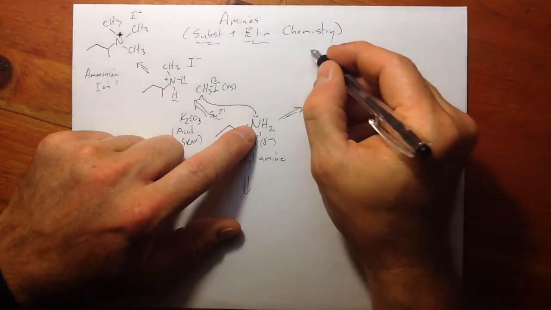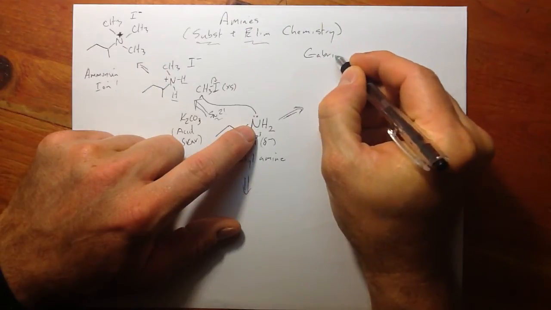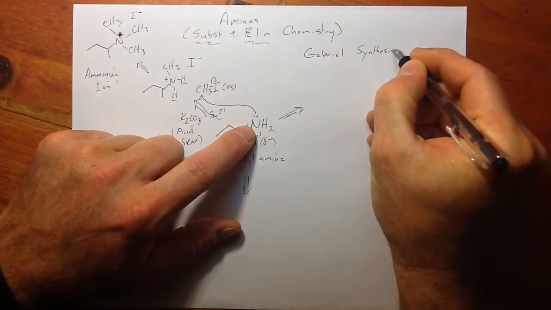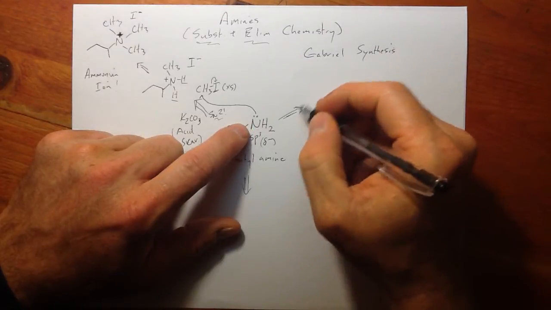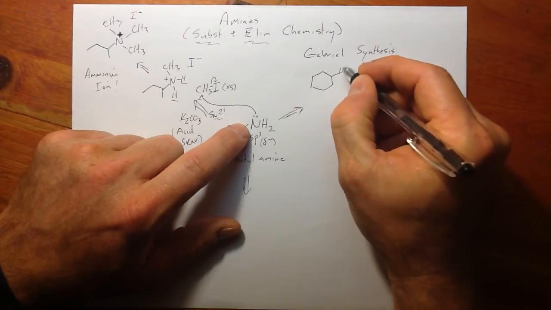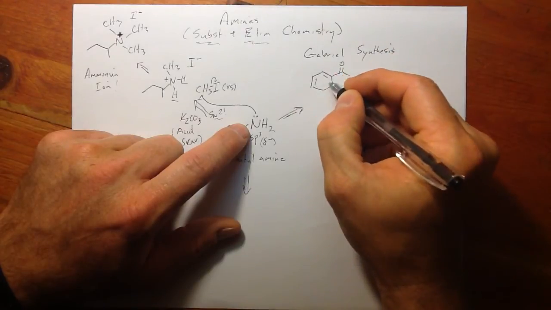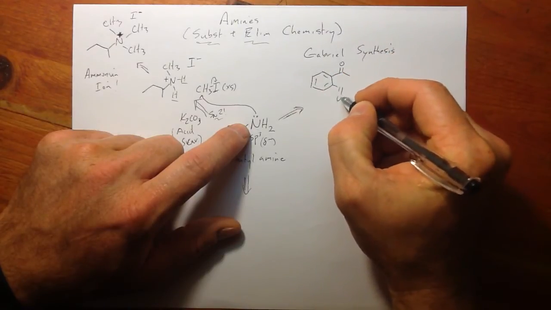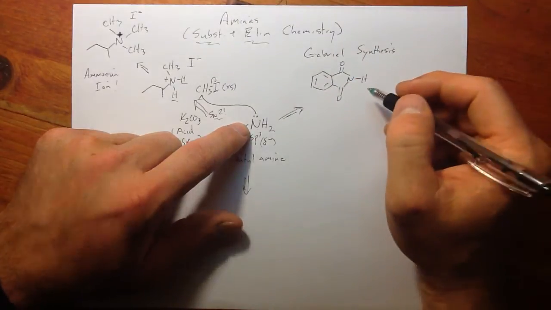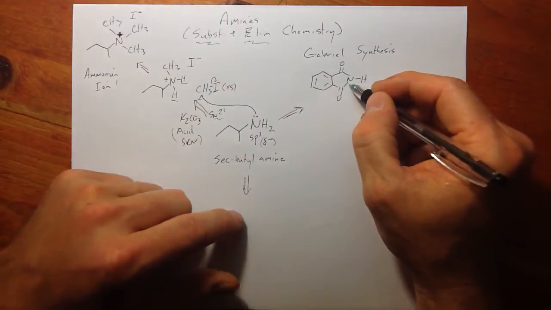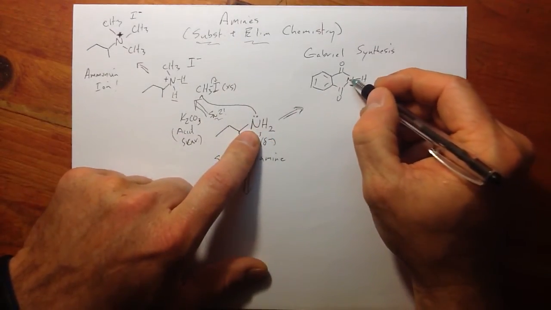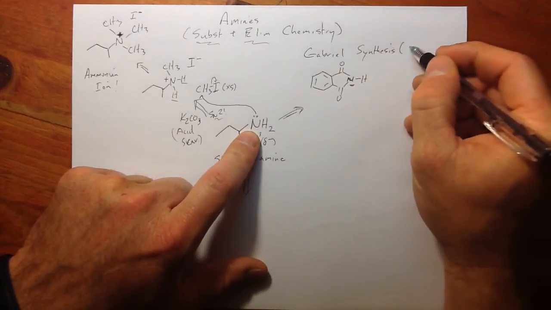Well, we can do that through a way called Gabriel synthesis. We're going to propose the reagent used in the Gabriel synthesis, phthalimide, a reagent that will allow this nitrogen, which will really be in the end this nitrogen here, to be alkylated just once.